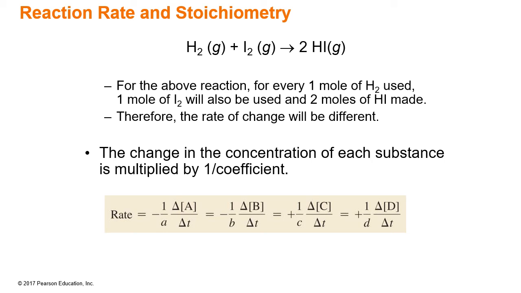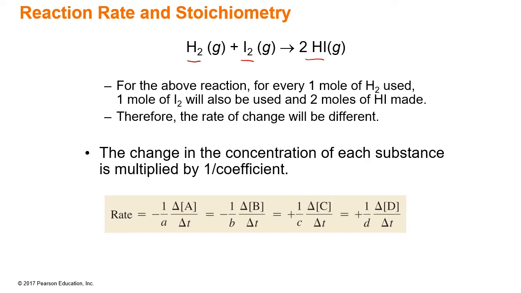If we look at our chemical reaction of hydrogen plus iodine giving us hydrogen iodide, we can see that for every 1 mole of hydrogen and 1 mole of iodine, 2 moles of our hydrogen iodide are made.